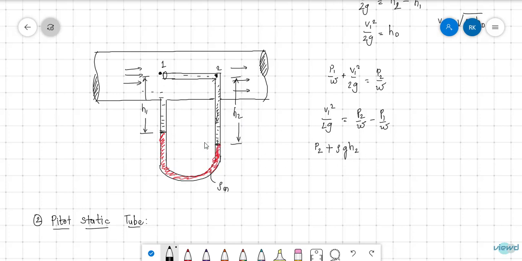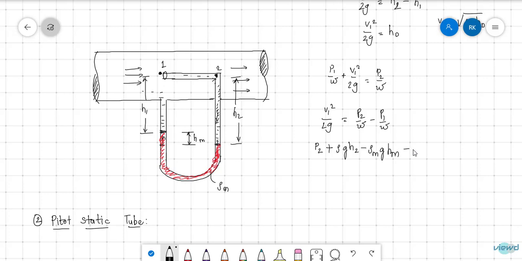Next, we have reached this point. From here to here we can jump, and let me say this is height HM. So the difference between the manometric levels is HM. So we have jumped to here, and we are going upwards. So minus rho m G HM. We have reached this point, and we need to reach this first point.